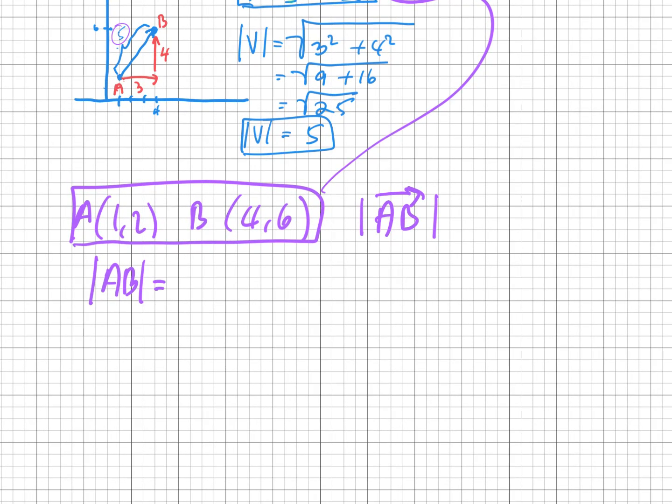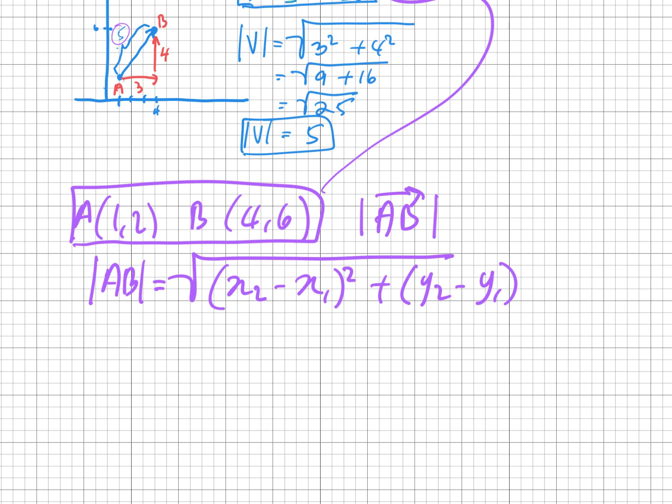So in here, it's going to give you the square root of x2 minus x1 squared plus y2 minus y1 squared. Anyway, we're just actually looking at the length. Let's label that x1, y1, and this is going to be x2, y2. With that said, we can now proceed.